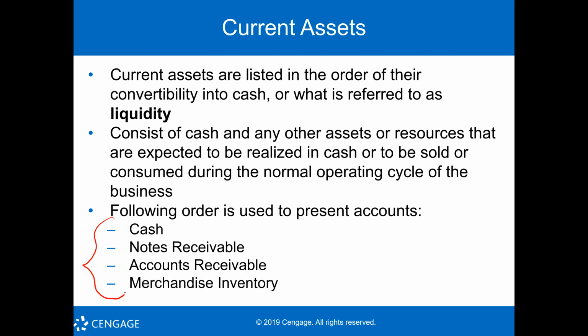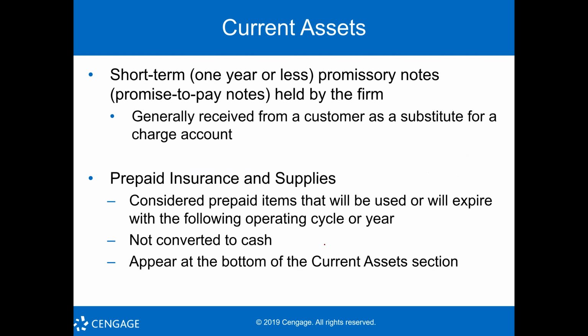Following order is used to present accounts. So cash, notes receivable, and this would be short term because there are also long-term notes receivable, but if we were putting it in the current asset section, it would have to be a short-term notes receivable, accounts receivable, merchandise inventory. Short-term meaning 1 year or less, promissory notes or promise to pay.